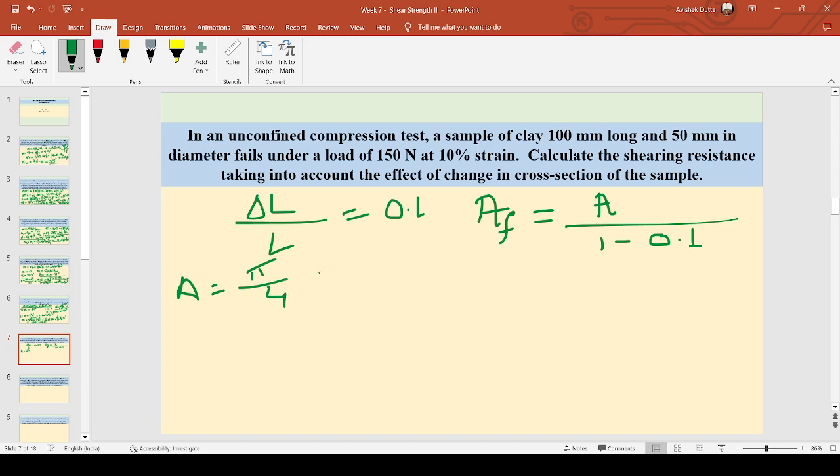Pi by 4 into diameter, 50 mm, whole square. No need to find this out.